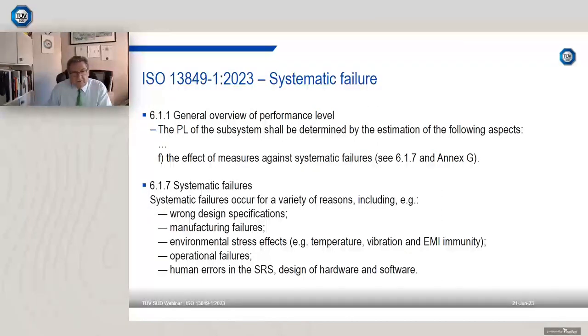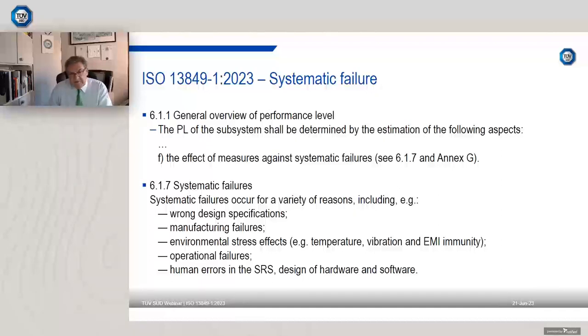It points us to clause 6.17. That's telling us that systematic failures come from getting the wrong specifications, errors in design, manufacturing failures, and so on. But the guidance is given in Annex G.